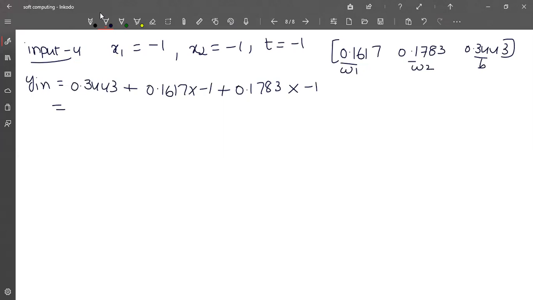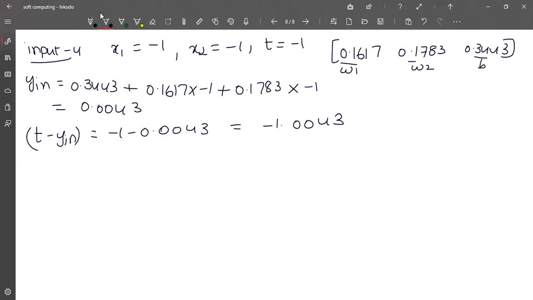So 0.0043. And T minus Y is minus 1 minus 0.0043, since target is also minus 1. So minus 1.0043.